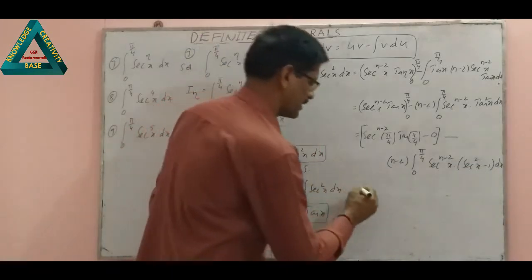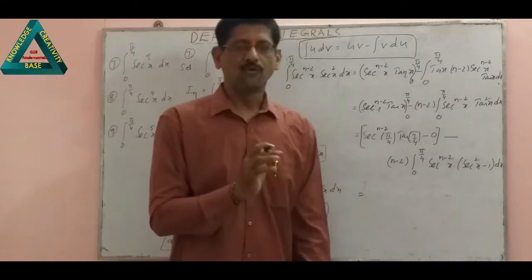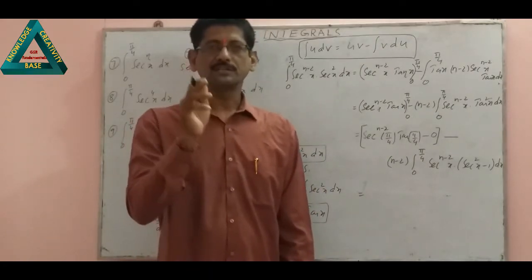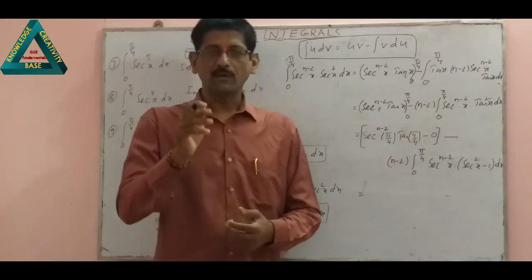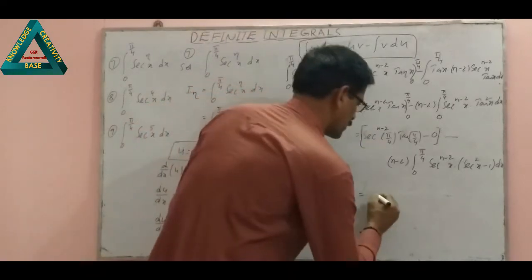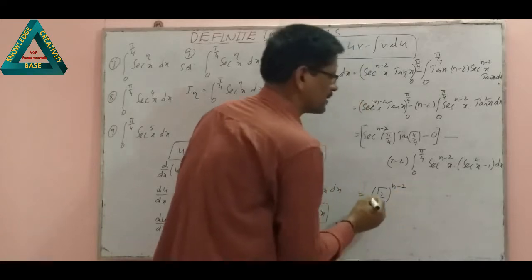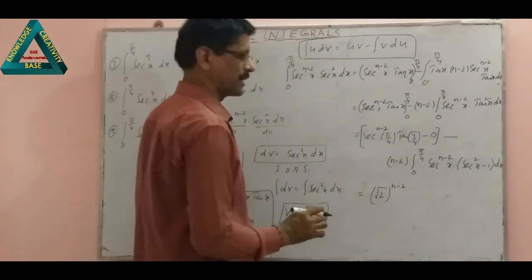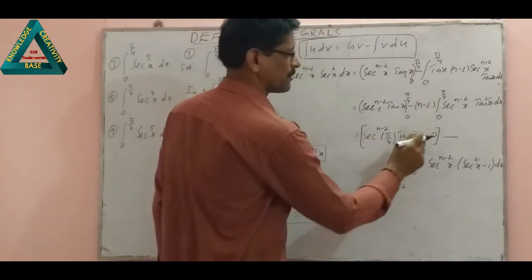What about this one? It is secant pi by 4 to the power n minus 2. What is the value of secant pi by 4? Cos pi by 4 is equal to 1 by root 2, so secant pi by 4 is root 2. So the value is root 2 whole power n minus 2 into tan pi by 4, which is 1, so no need to write it, minus 0.